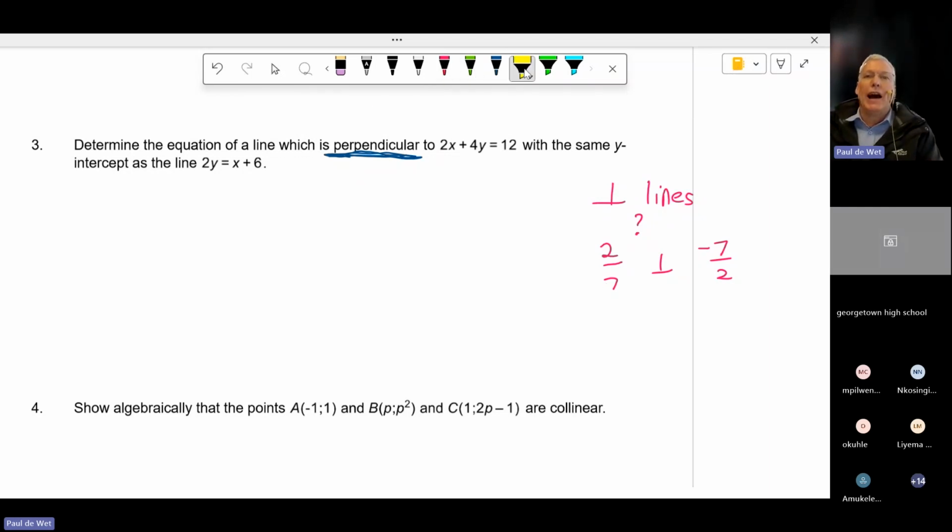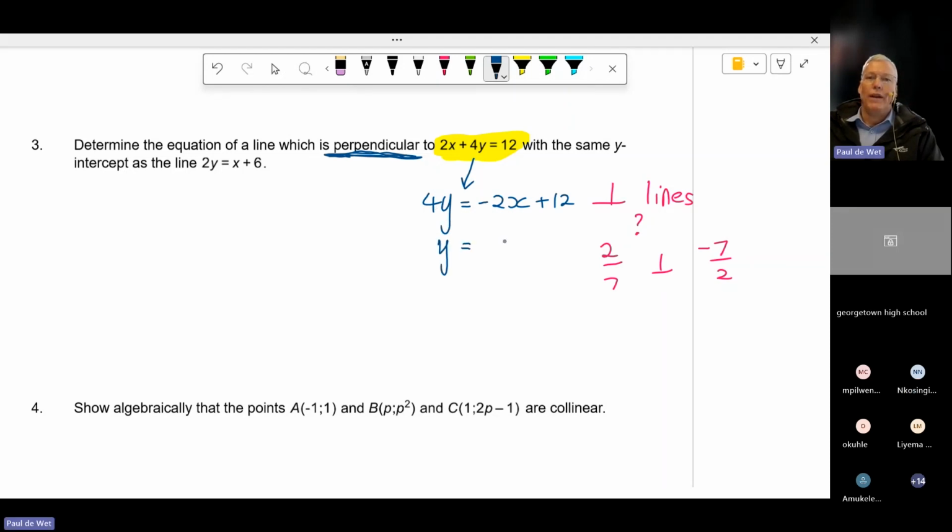Now, is this line in standard y equals mx plus c form? No, it's not. So the first thing we're going to do is try to get the y on its own. Look at this, guys: 2x plus 4y equals 12. Let's subtract 2x from both sides. What should I do to both sides now to get y?